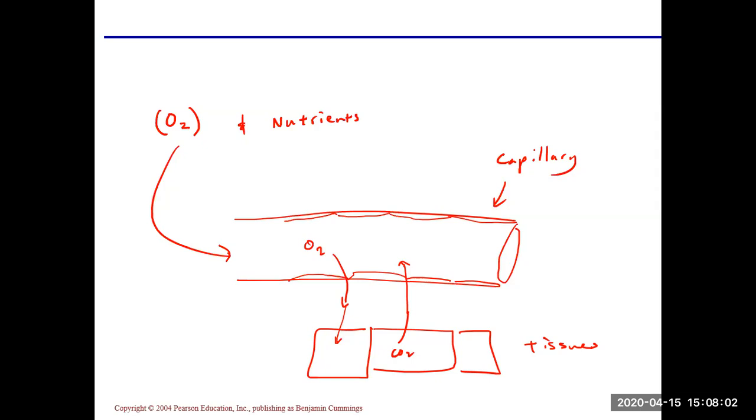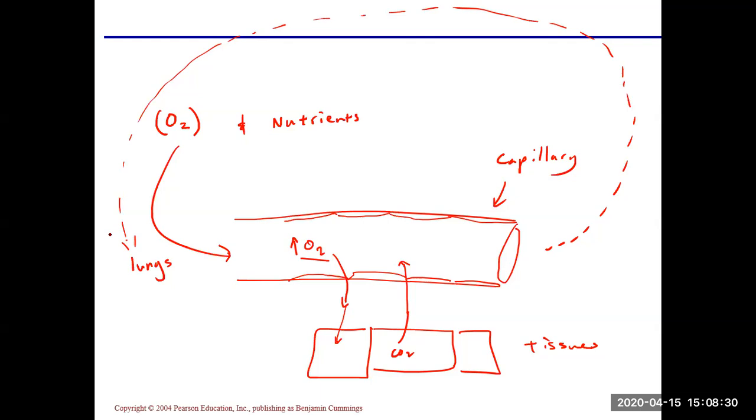All right. So usually blood flows from the lungs, where blood oxygenation occurs, so you get blood rich in oxygen. And eventually the blood vessels will go back to the lungs to do the exhalation.